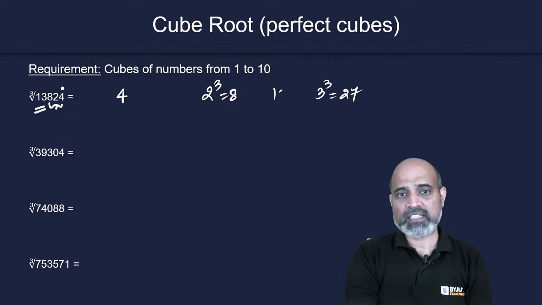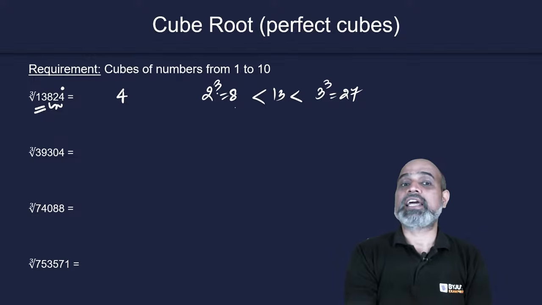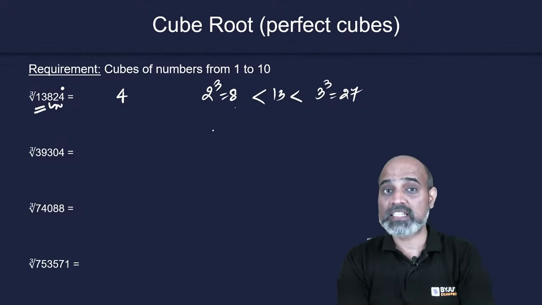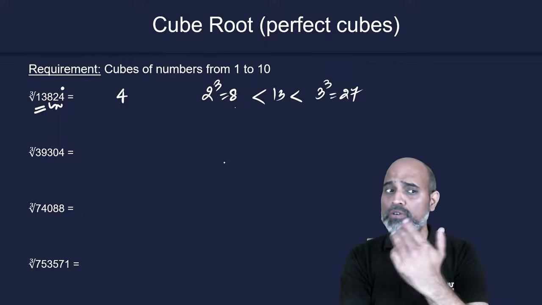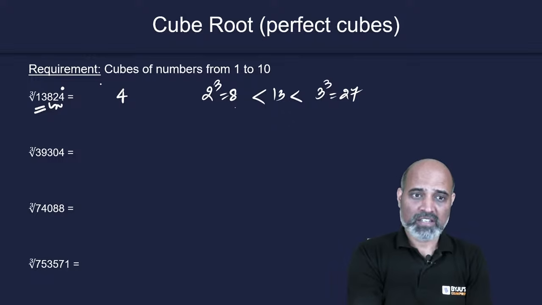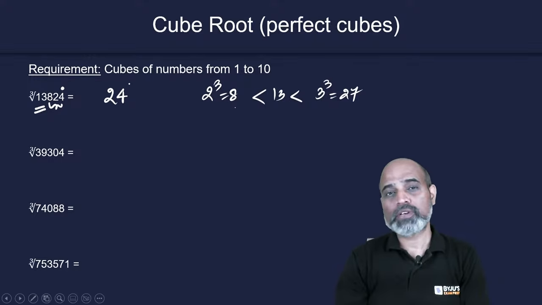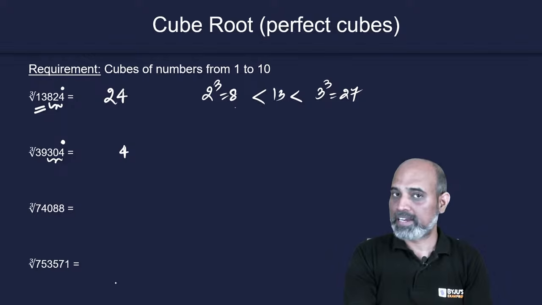So can we say this 13 lies between 8 and 27? So can I say the answer will be in 20s क्योंकि 20 का क्यूब is 8000 and 30 का क्यूब is 27000. So my answer should lie in 20s. तो 20s में तो भाई 24 ही होगा. Okay, again next one. 304 because we have a 4 तो इधर को 4 लिखने का.